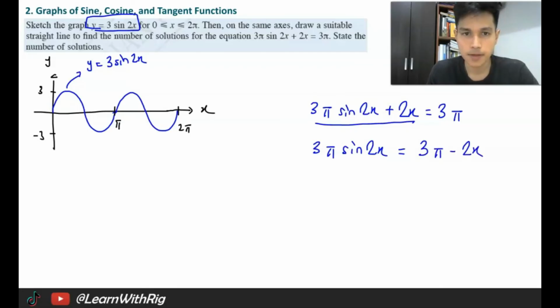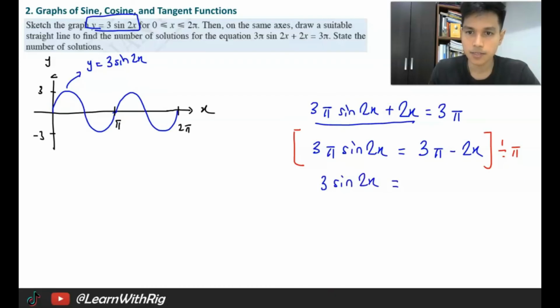Okay, and then you want to remove the pi. So you remove the pi, that means the whole thing you divide by pi. Okay, so when you divide by pi, you get 3 sine 2x on the left hand side. Right hand side will be 3 pi over pi minus 2x over pi. So here you can cancel.